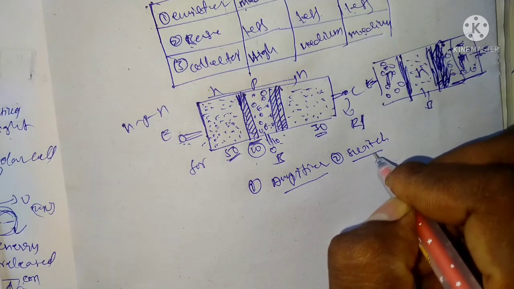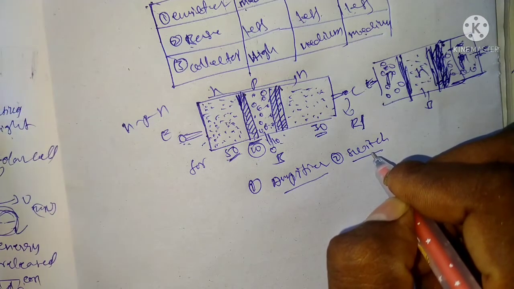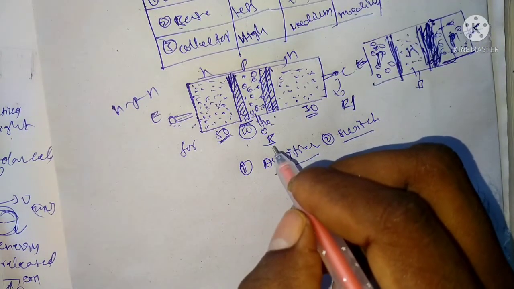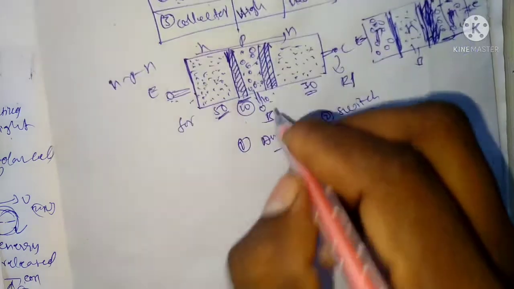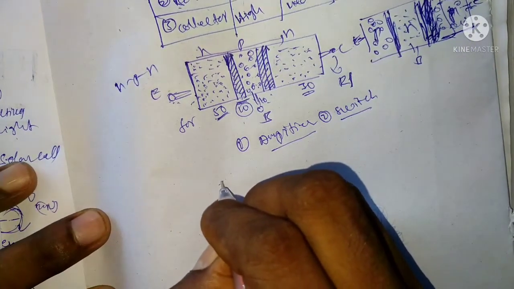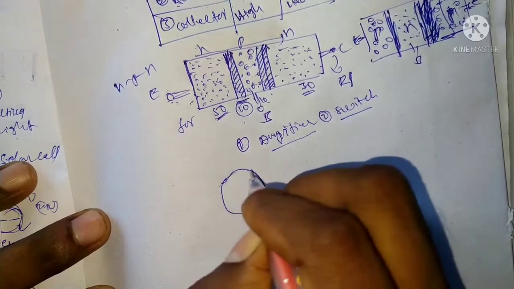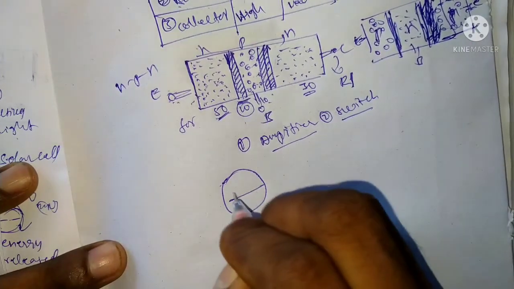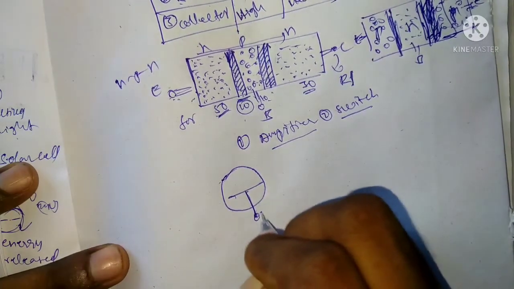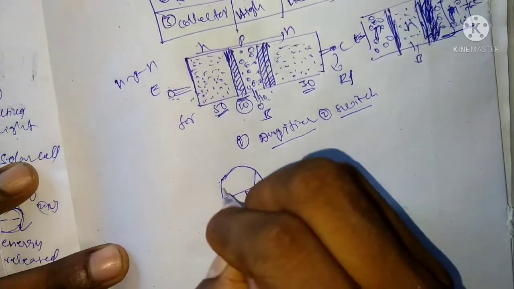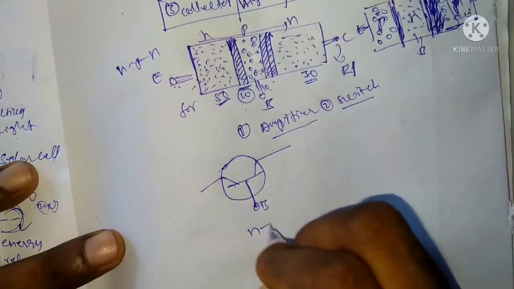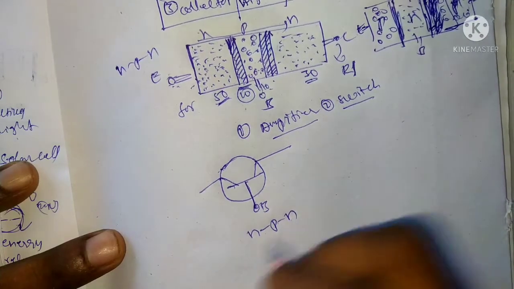Now the schematic symbol of the transistors, NPN or PNP. In the case of NPN, this is the base.